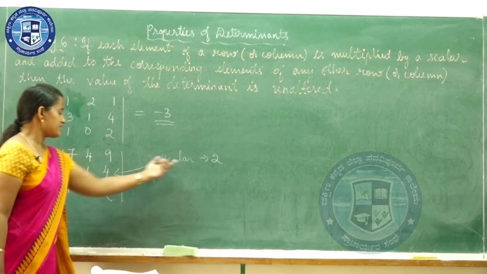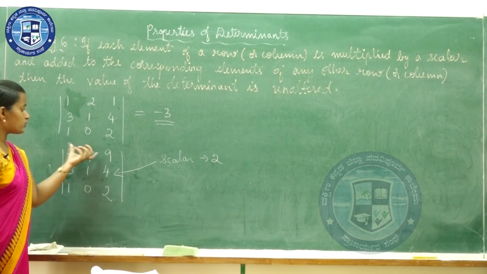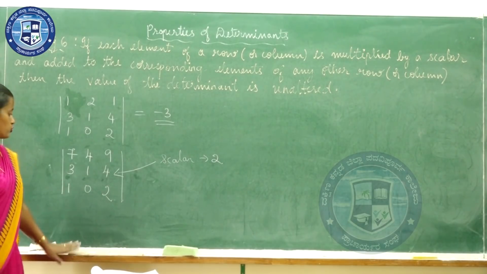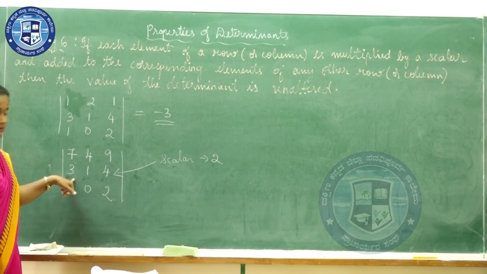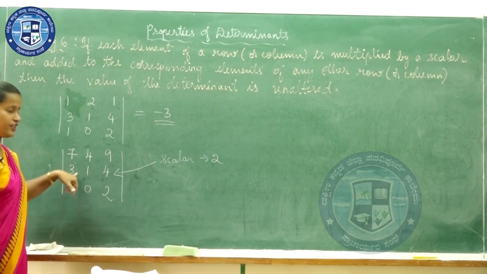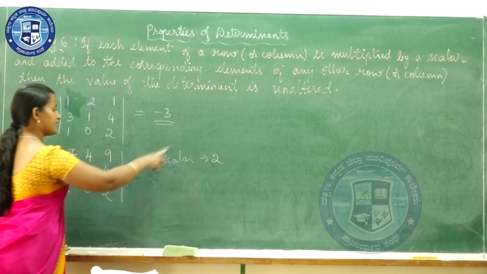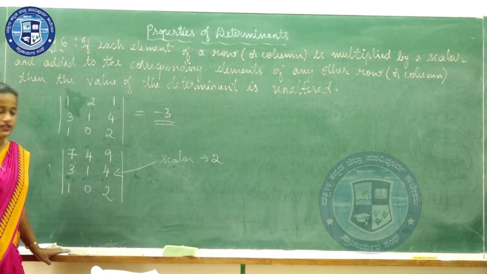So, multiply the scalar to any row and add it to the corresponding elements of any other row. So, when I say multiply scalar 2, you do not have to multiply to the second row. That should be done mentally. Multiply in your mind and add it to the first row. So, operation is multiply the scalar to any row and add it to the corresponding elements of any other row.